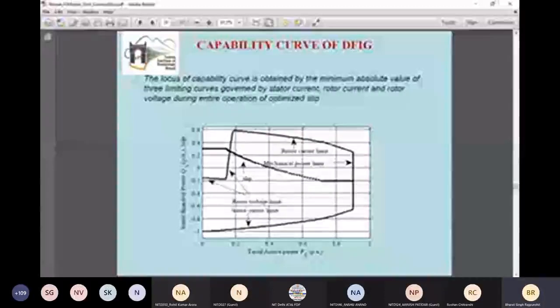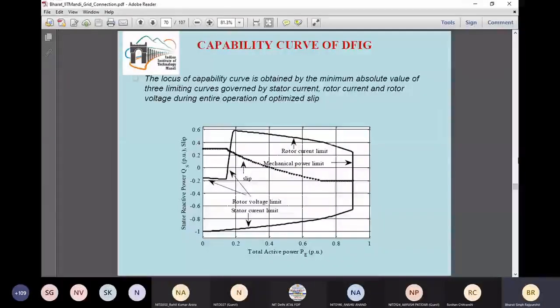It means that during low slip values, the machine is not able to inject reactive power to the grid, because you can see that the capability curve has only negative values up to some range of active power production.